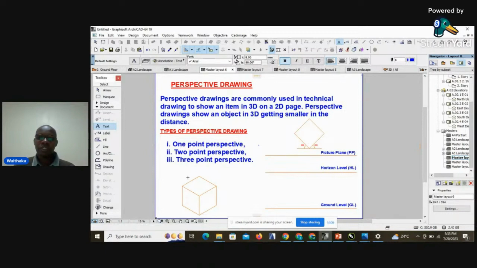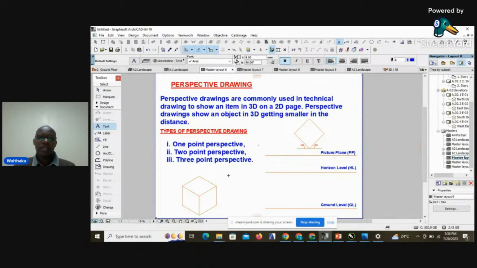So as we will witness, whatever object we'll be representing, the size will decrease as distance increases. That is what we'll be doing, just to generate a simple perspective of a cube. Therefore, let us see the various types of perspective drawings that are there.